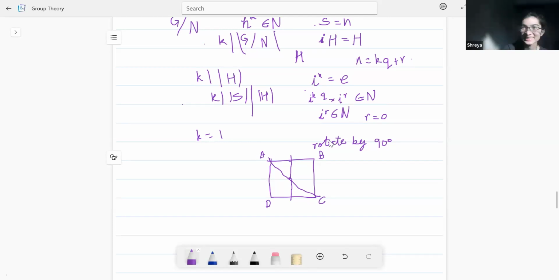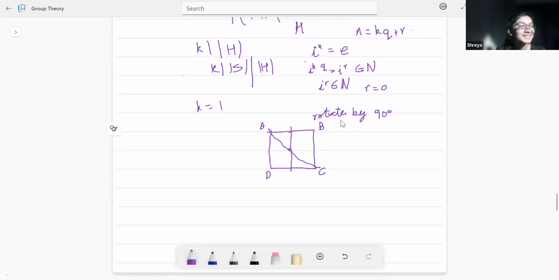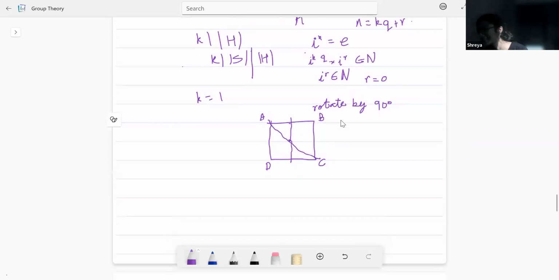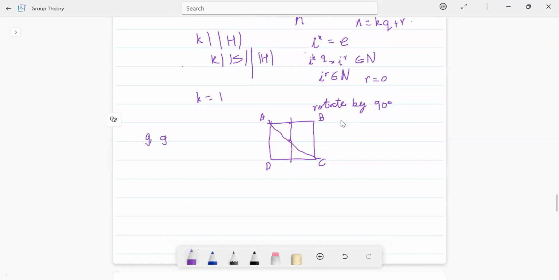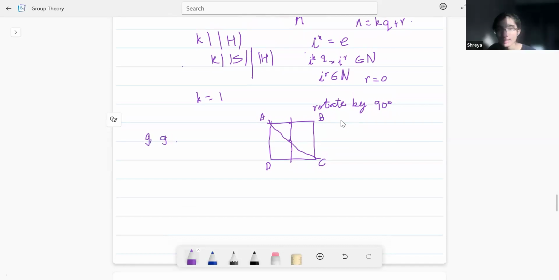Here you have groups generated by a particular element. Take an element G and you generate everything: G, G squared, G cubed, and so on, with finite order.